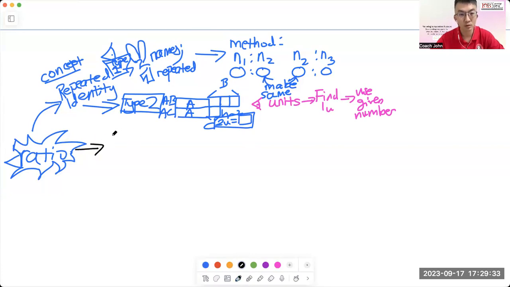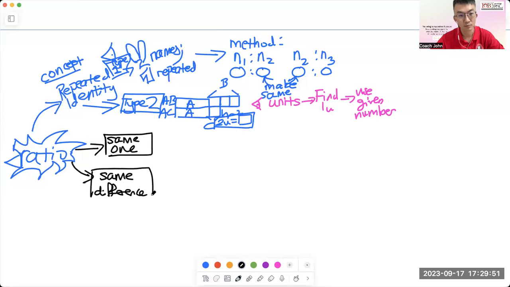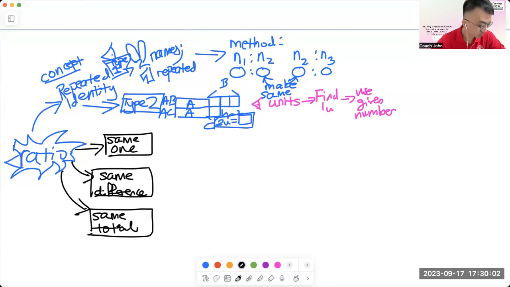When you hear the words one unchanged, you need to think of the siblings: same difference, and next will be same total. So remember these three siblings together.